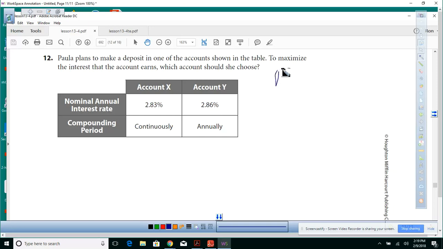Okay, so we're going to use this other formula, R equals 1 plus R over N to the N power minus 1. And then for the continuous, it's going to be, and this is even easier, E to the R minus 1.